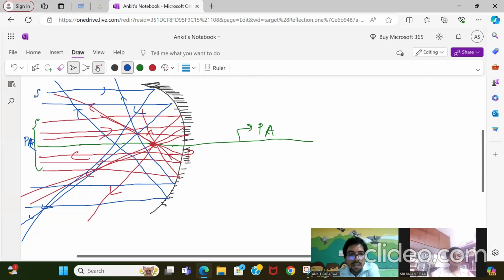While those rays like this, which are far from the principal axis, are known as marginal rays, MR. MR is marginal rays, while PR is paraxial rays.